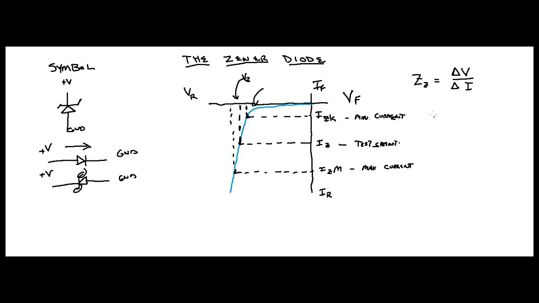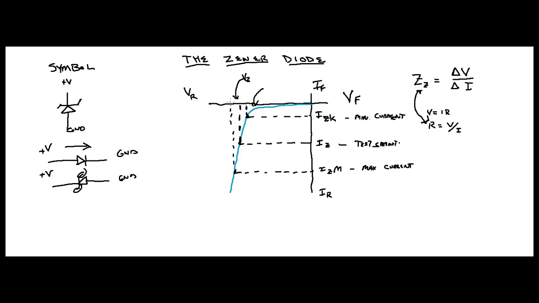Now remember Ohm's law? V equals IR. Well, basically, R is equal to V over I, right? So you can see that ZZ can be thought of as a resistance, okay, in this case. So that's what we're talking about.